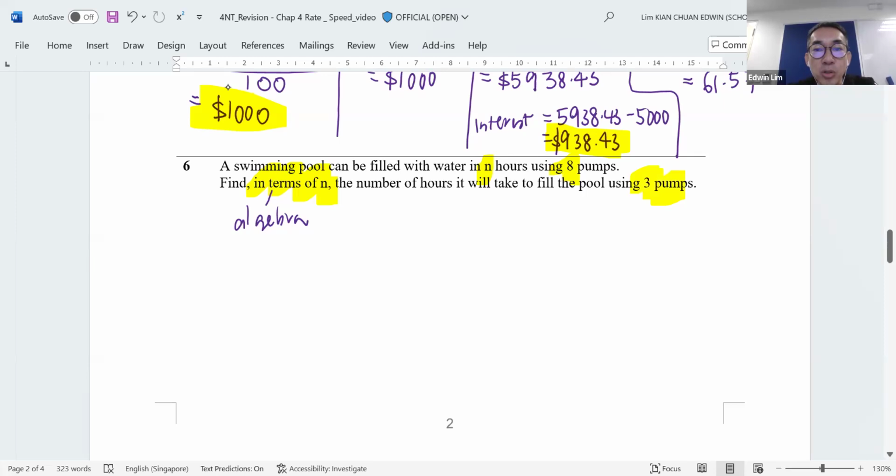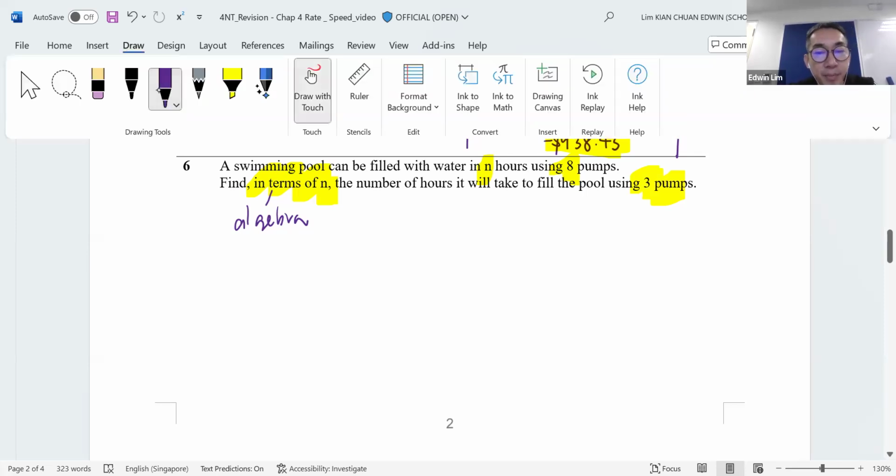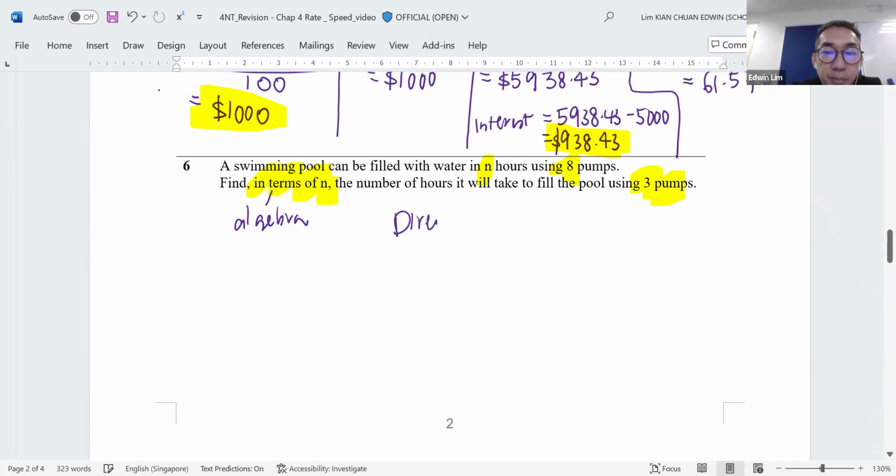By looking at this question, what do you think? Is it direct or indirect proportion? Direct meaning when one goes up, the other quantity will go up. Indirect, when one goes up, the other one will go down.